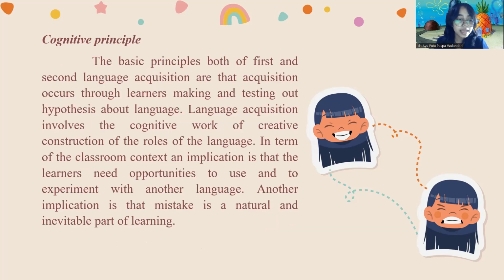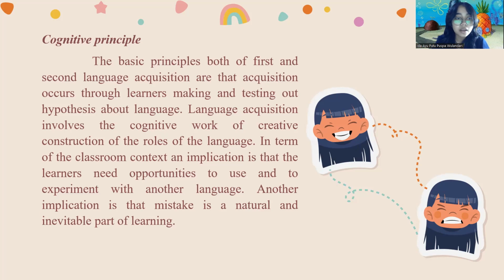The second one is cognitive principle. The basic principle both of the first and second language acquisition is that the acquisition occurs through the learners making and testing out the hypothesis about the language. And language acquisition involves the cognitive work of the creative construction of the rules of the language.